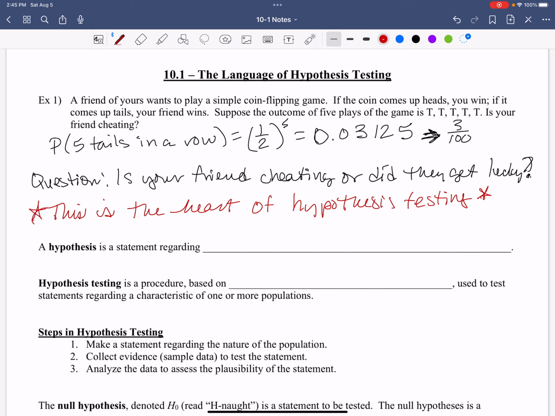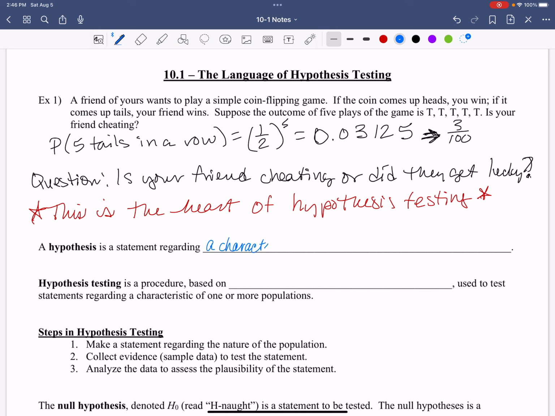All right. Now, in true form, we wouldn't get away without doing some vocabulary. So we got quite a bit this go around. So let's do it. A hypothesis is a statement regarding a characteristic of one or more populations.